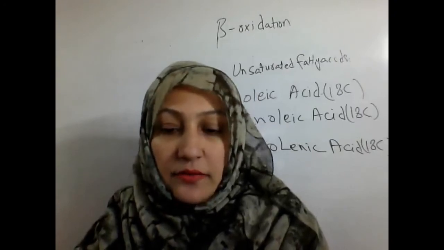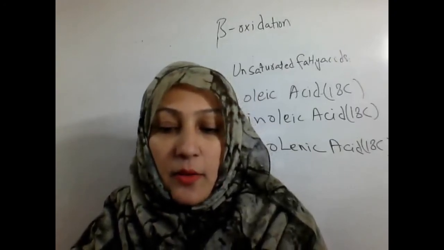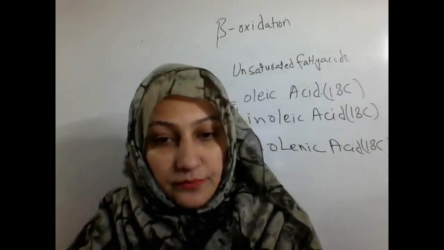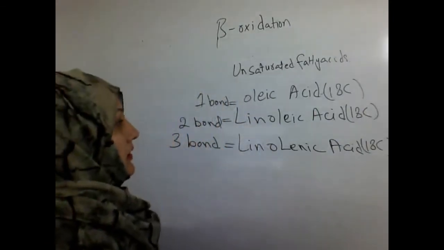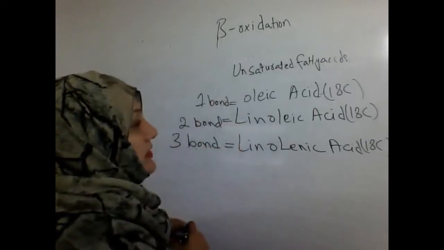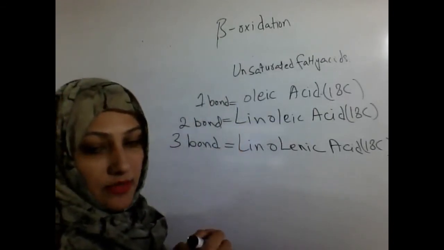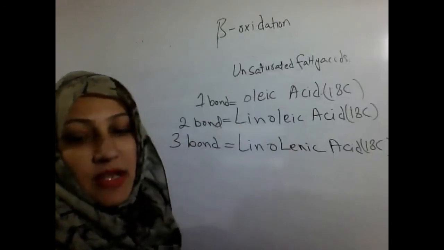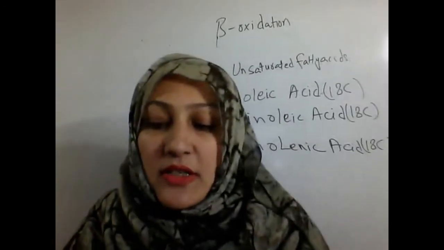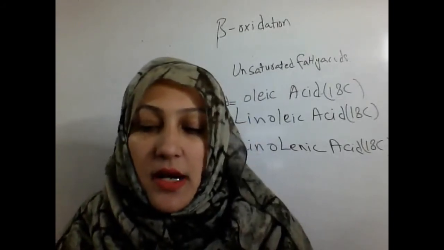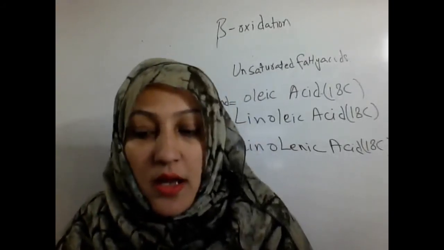In case of oleic acid, the double bond is converted by the enzyme isomerase, which converts the 3 trans derivative to a 2 trans derivative that serves as the substrate for the hydratase.